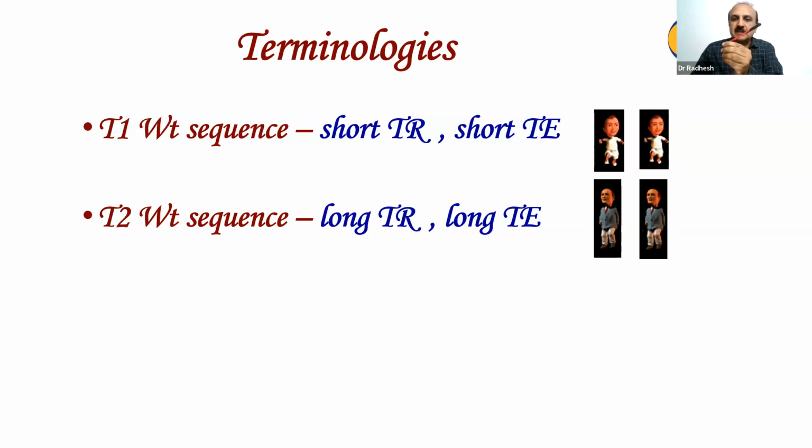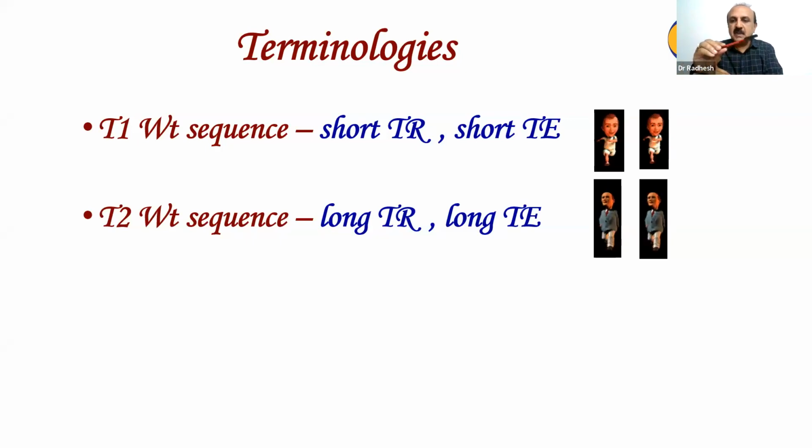I stop my repetition time. Okay, then this comes back. I hit it. It flips. I take out the radio frequency. Then I allow a very short time. This hydrogen has not come back. It has just come till here. I echo. I take the signal from it. So I hit the proton, that is the repetition time. I stop it. Then it has come here. I take the signal. So it's a short repetition time and a short echo time.